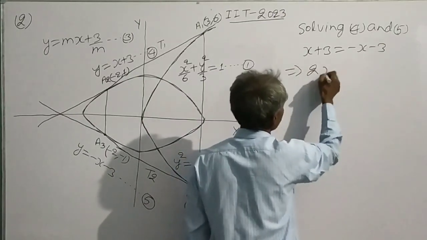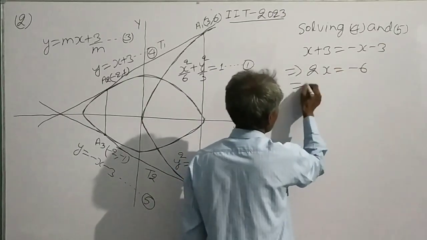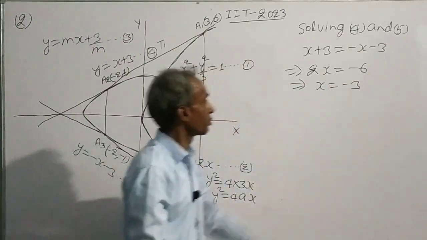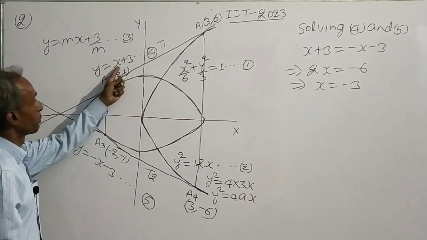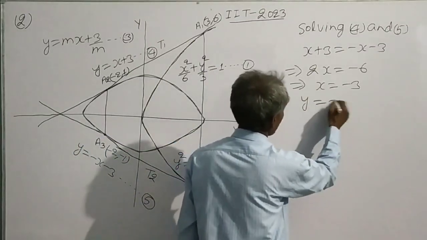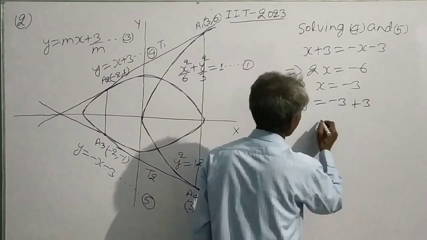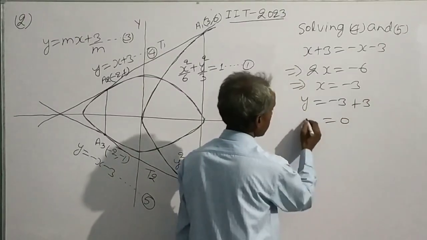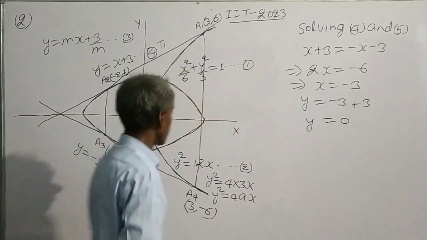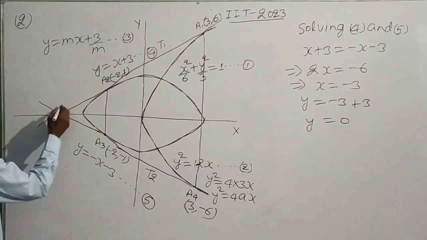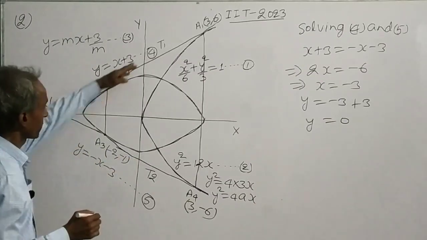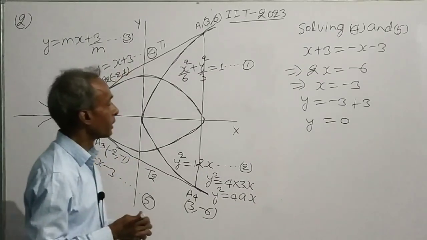This implies 2x is equal to minus 6, so x is equal to minus 3. Putting x is equal to minus 3 in equation 4, we get y is equal to minus 3 plus 3, that is 0. Therefore minus 3, 0 is the point of intersection of these two tangents.